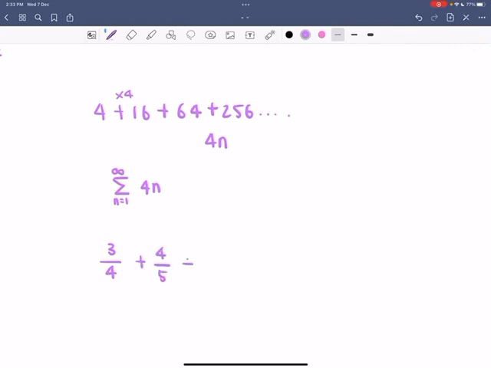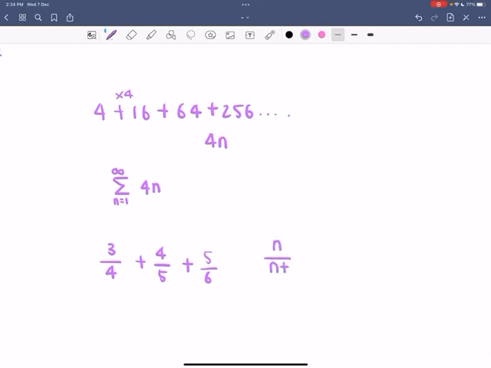And a more complicated one, we can do one with fractions. It can be something like this. So every time you are trying to work out the rule, it's maybe difficult. So we have to look at the differences. So 3 to 4, 4 to 5, I reckon you're timesing the top.